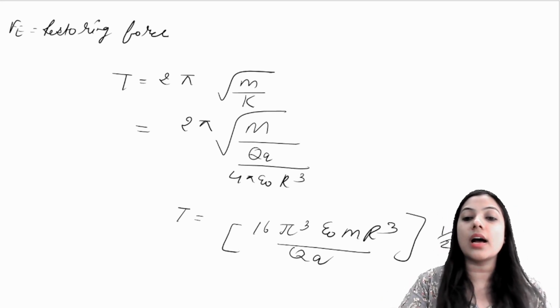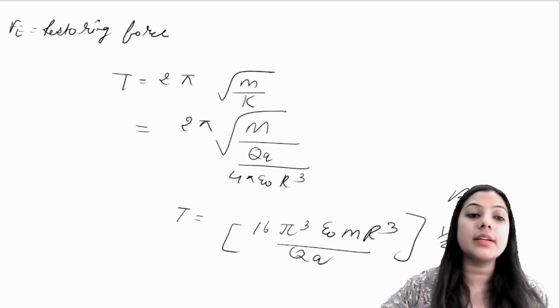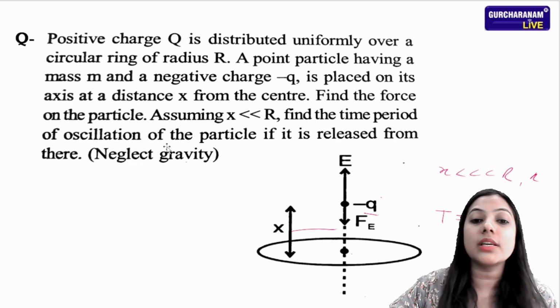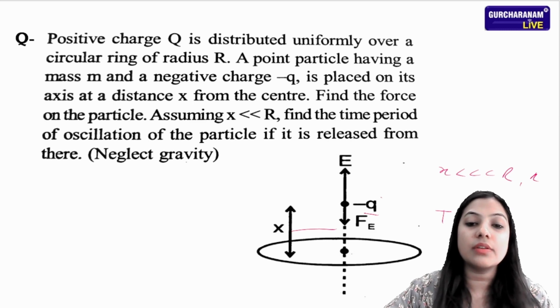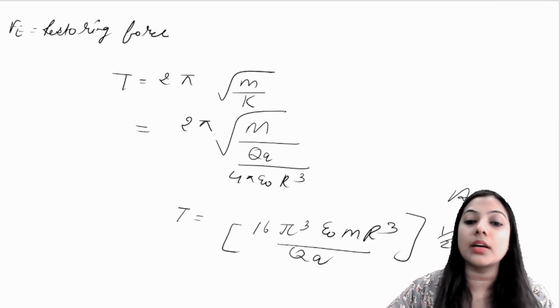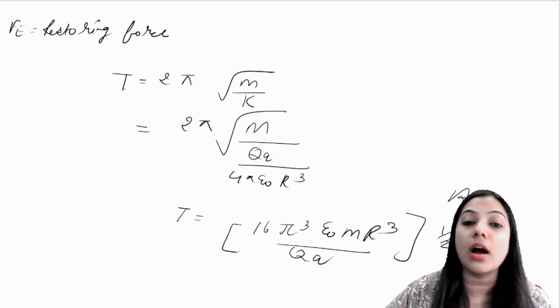So this is the answer of this question, which is time. We have to find the time in this question, the time period of oscillation of the particle if it is released from there. So the value of time period is 16 pi cube epsilon naught m R cube upon capital Q multiplied by small q, to the power half.